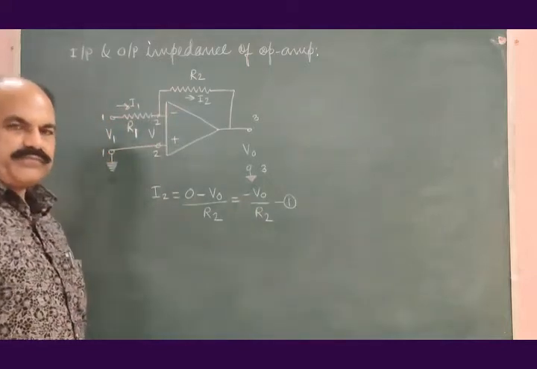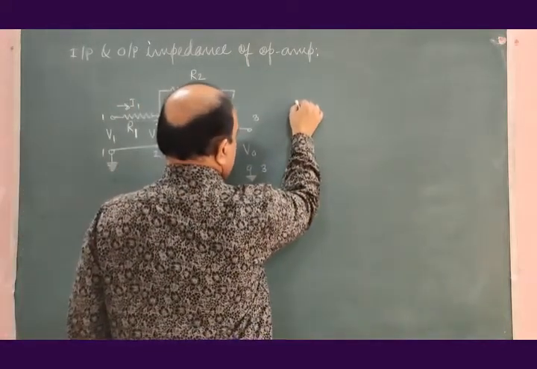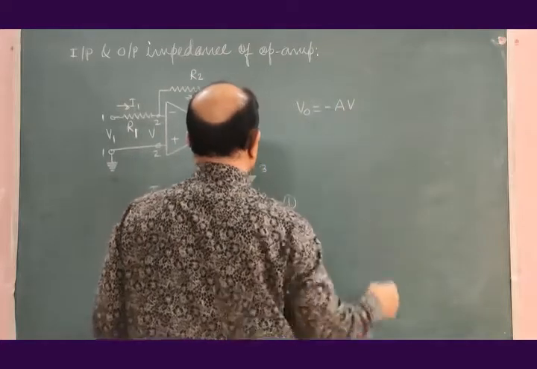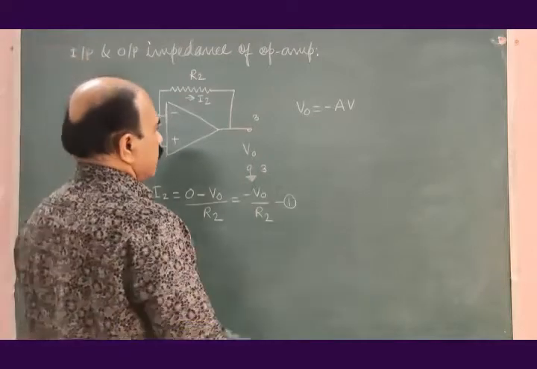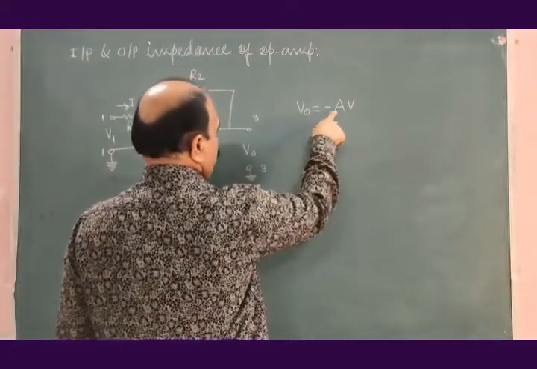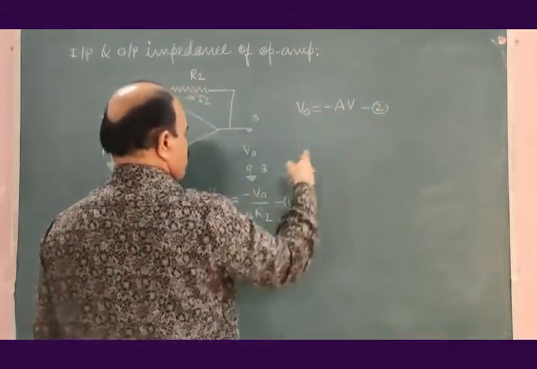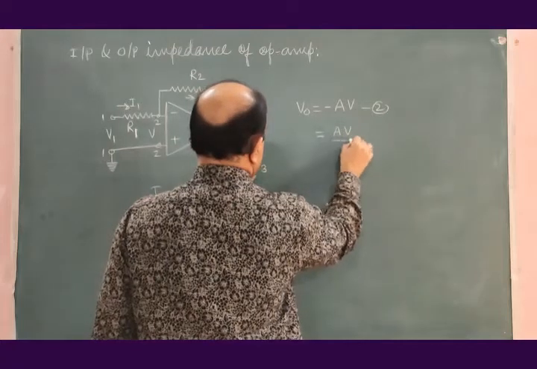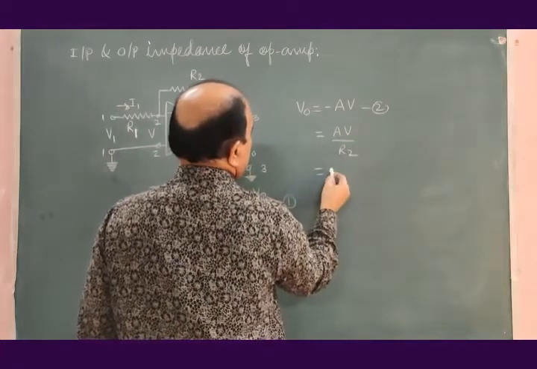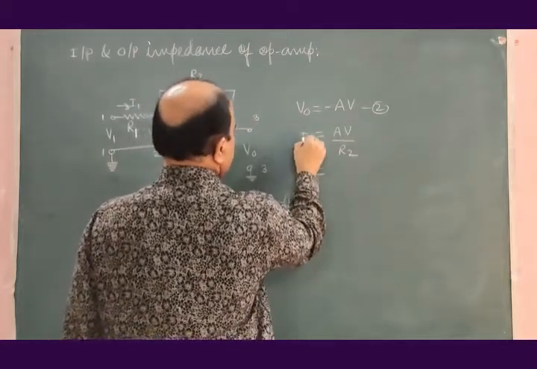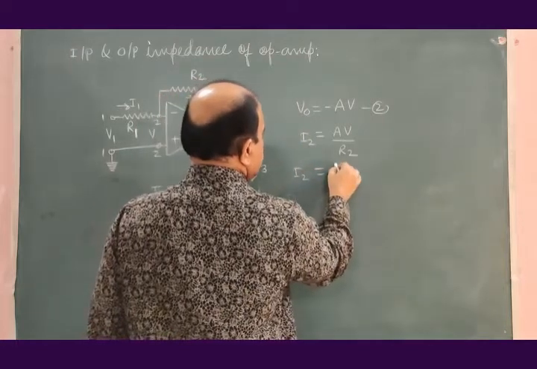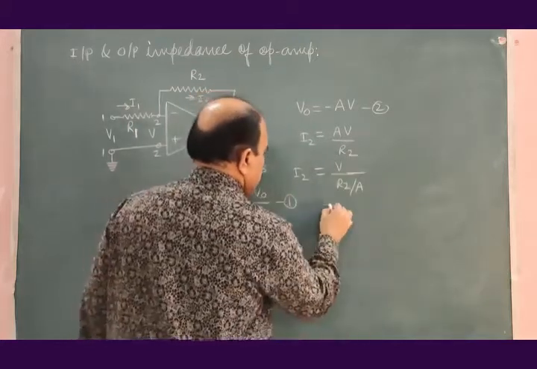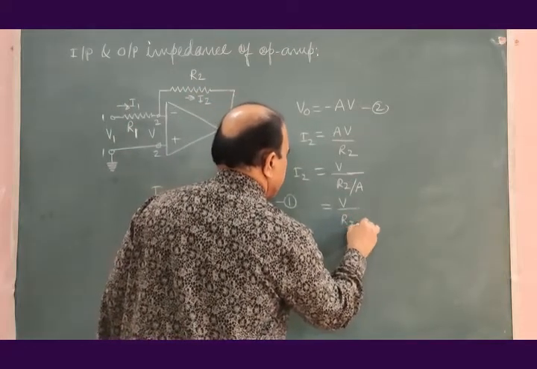Equation number 1. We know that output voltage VO is given by minus A times V. If we put this value from equation 2 into equation 1, we will have I2 equal to plus AV divided by R2, or this is V divided by R2 divided by A. This is V divided by R2 dash.